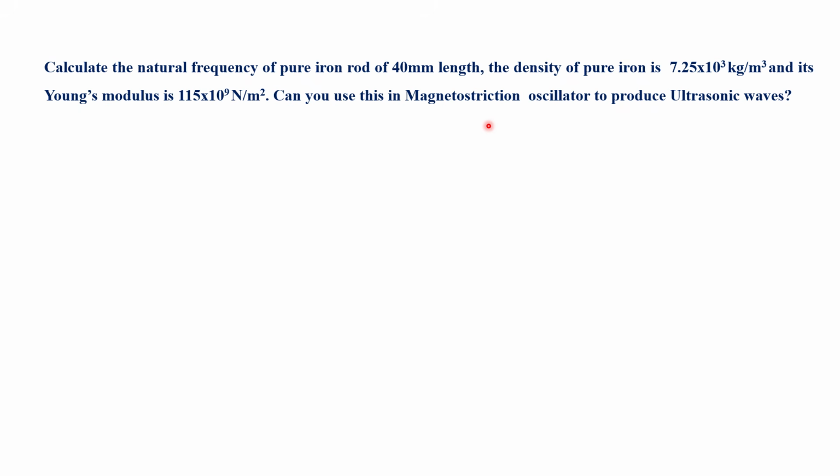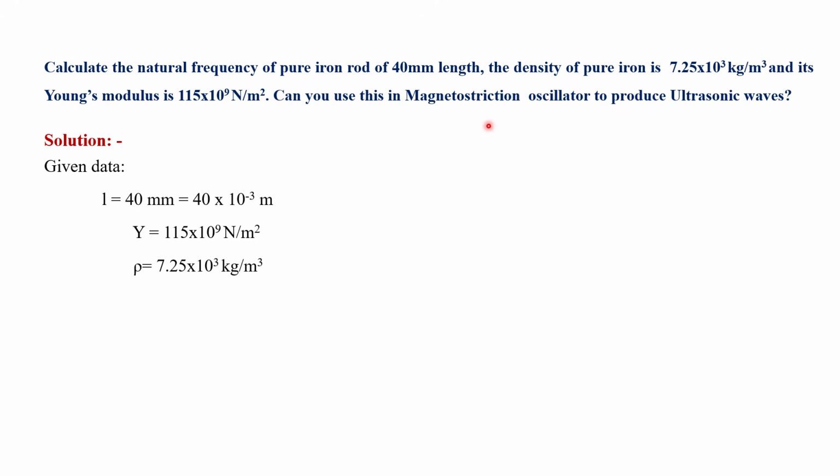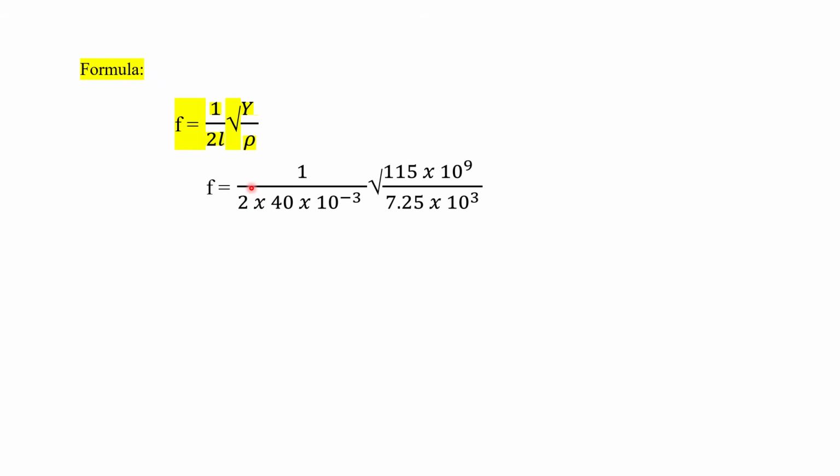So here you may see the given data is provided. We are going to convert that millimeter length into meters, so that will be 40 into 10 to the power minus 3 meter. The formula used here is f = 1/(2L) √(Y/ρ).